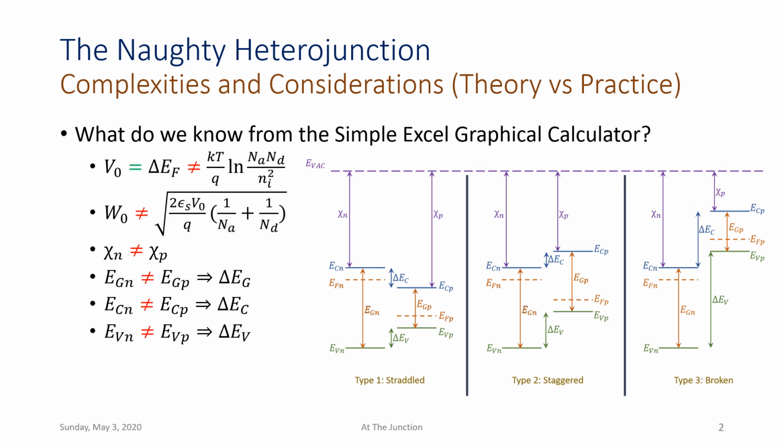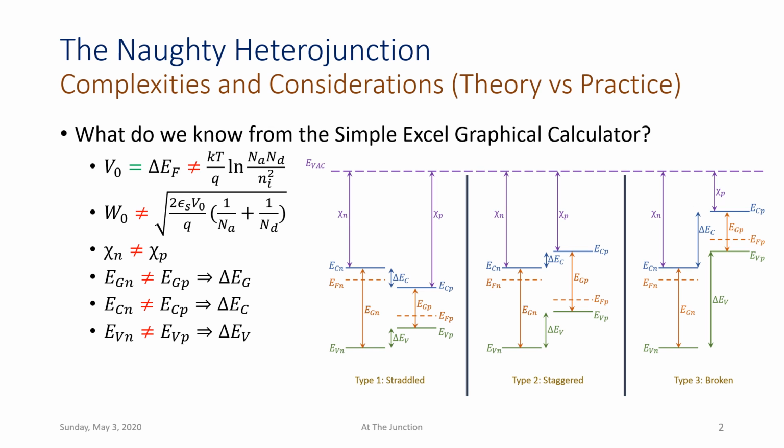We also can conclude that the electron affinities on either side are different. Also, the band gap of one material is not equal to the band gap of the second material.